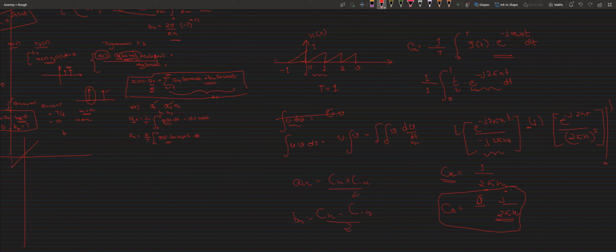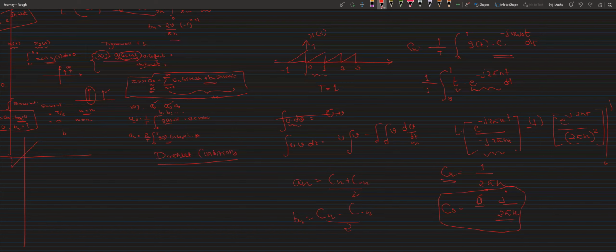So another important concept in terms of Fourier transform is the Dirichlet condition. In competitive exams also, they ask many questions on this. So three conditions are there.